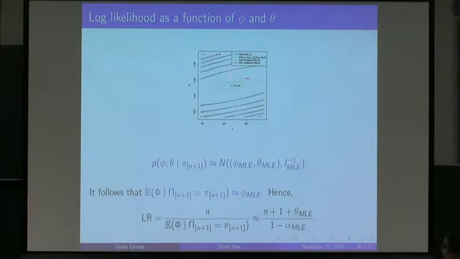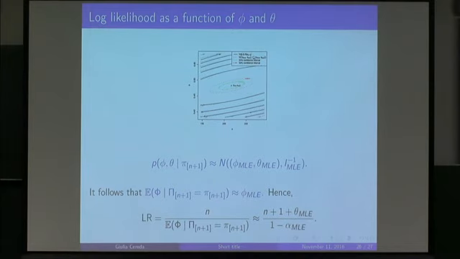So in the end, this allows me to approximate the likelihood ratio with this formula here, which is what I wanted to show. I believe it's a nice result.